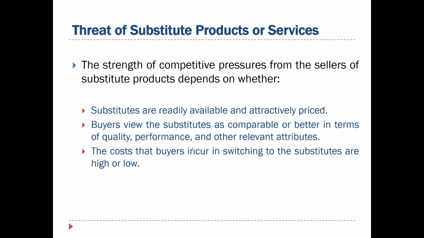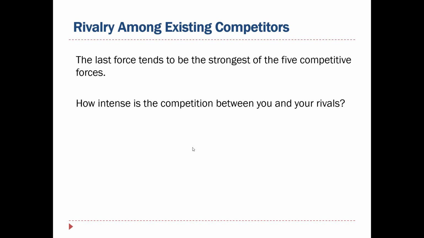Now, very similar to that, and which is our final one, I believe, is rivalry among existing competitors. So with rivalry, or competitors, we're saying who are the other businesses in the same industry that you are in? Coca-Cola and Pepsi. Now, they offer very similar products, but just different companies. So now, how much competition is available between Coca-Cola and Pepsi?